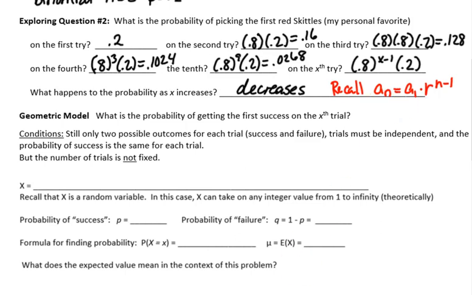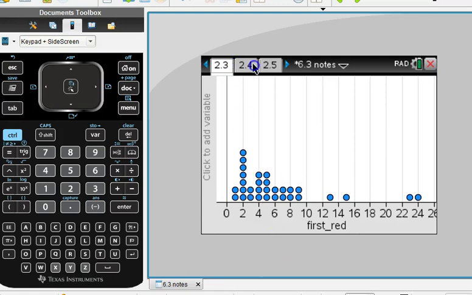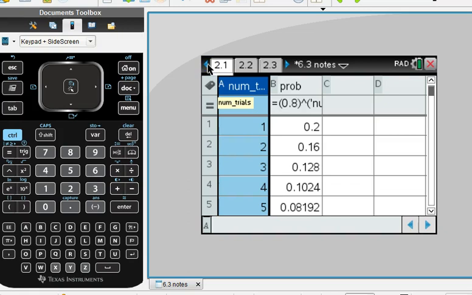And if I were to go on my calculator, I can show you this. I went ahead and put the number of trials in this column, and then the probability of that.